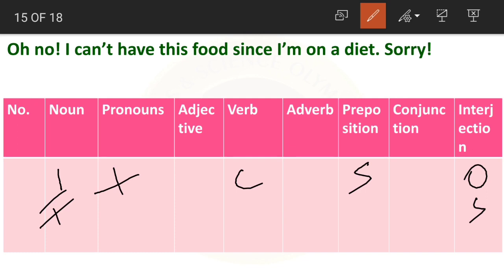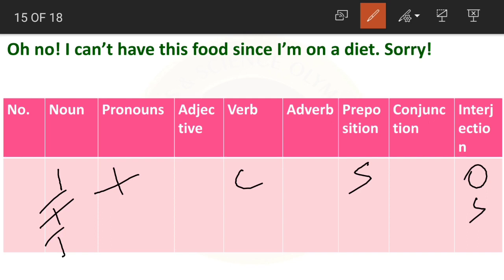I, noun. Am. What did I say? You remember when I said the definition of a verb? Verb is a word which tells about an action, being or possession. So am in the sense here is being. I am, in the sense it's I am doing something here.